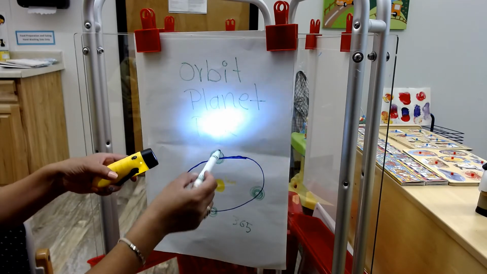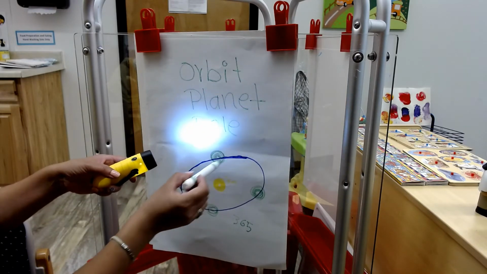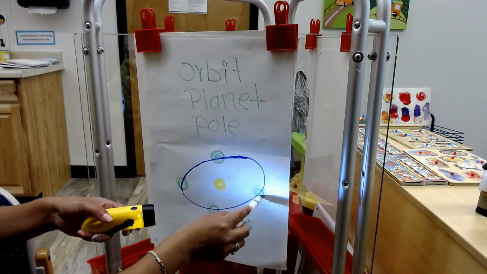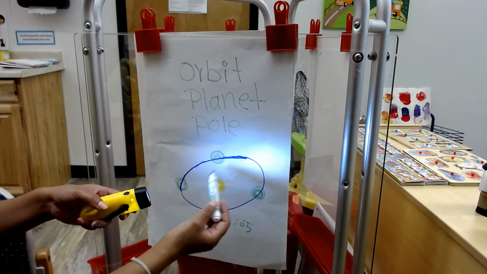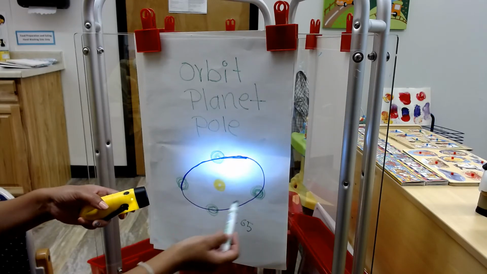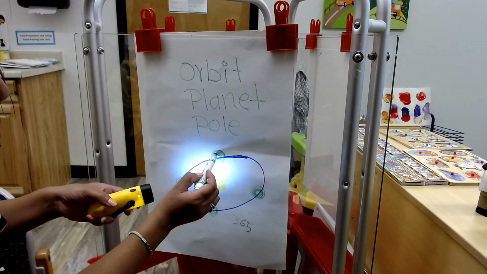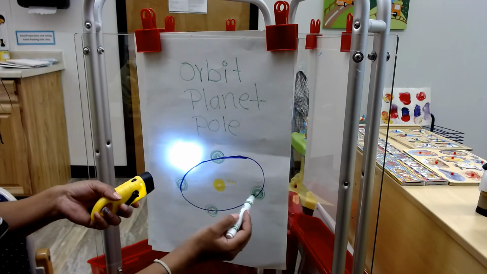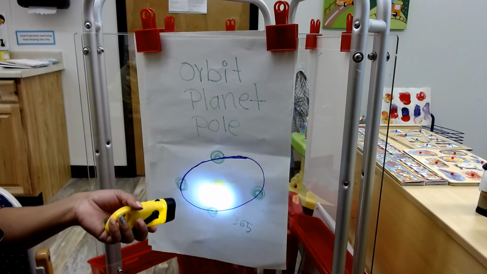So that's why we have 4 different seasons: spring, summer, fall, and winter. Every section here of the seasons has a different distance from the sun.